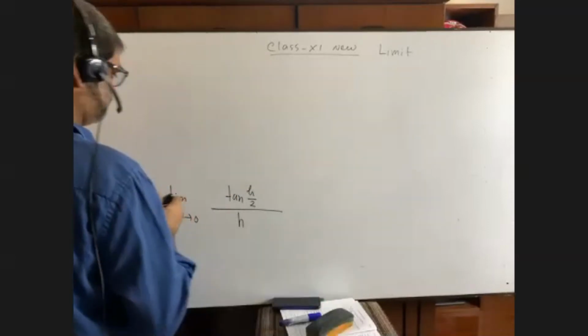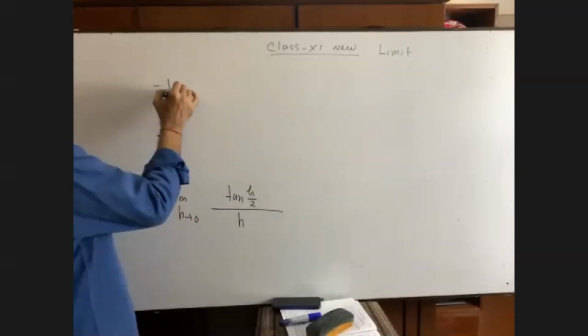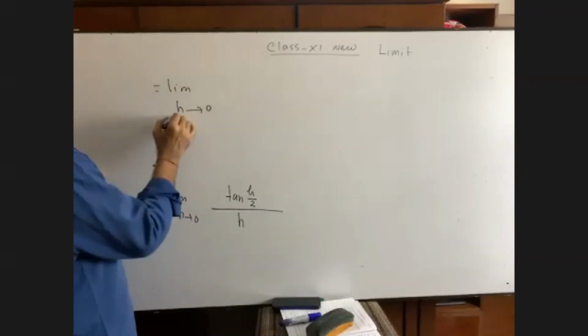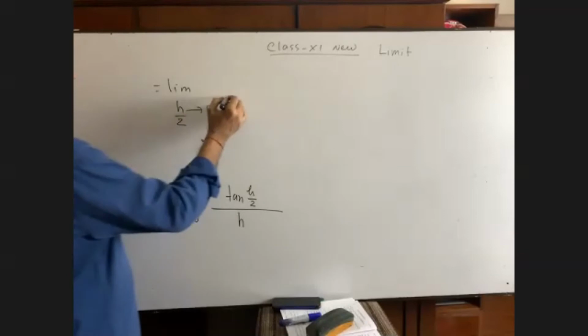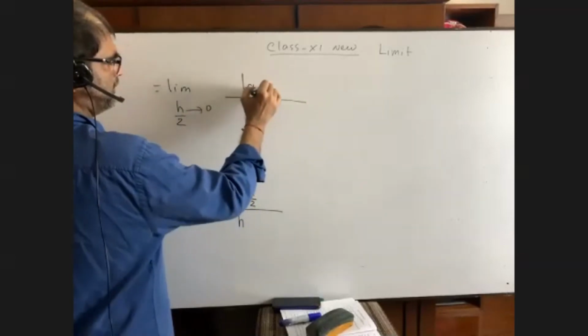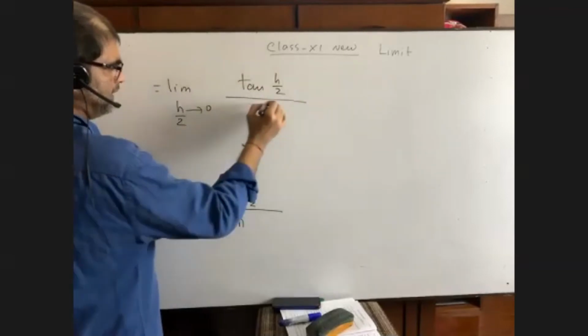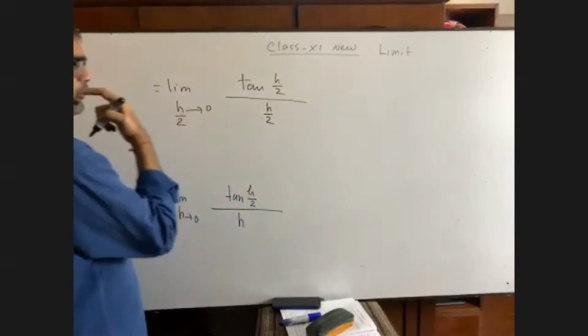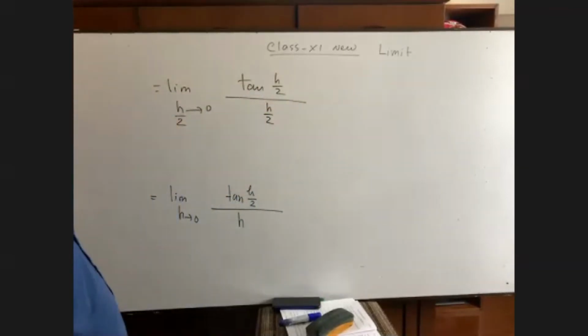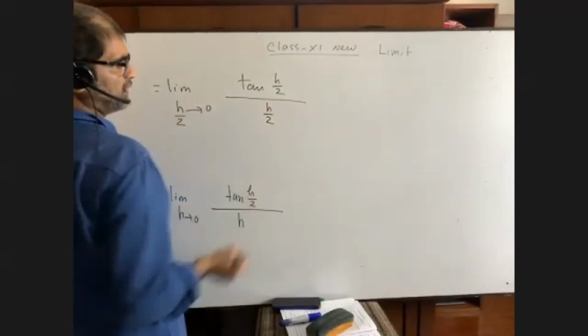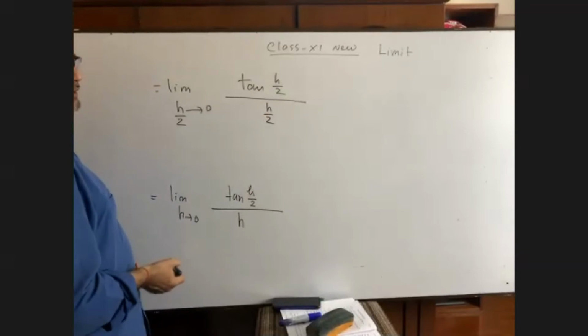Now what should we do? Limit. Where is theta here? This is theta. So we can write here tan theta by theta. What is required here to vanish these two? Can you tell me? Sir, half.